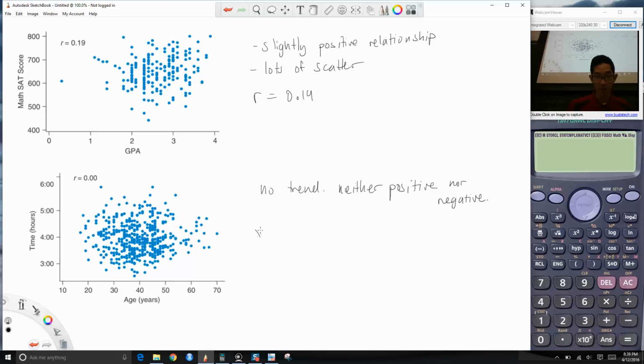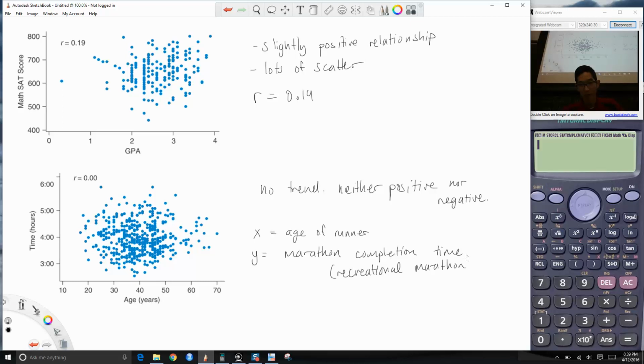So X is age of runner, and Y was marathon completion time. And I guess this was a recreational marathon, not Olympic competition or something, okay?